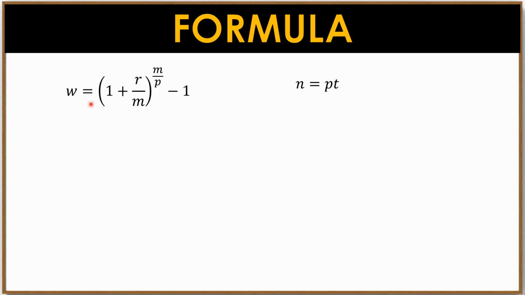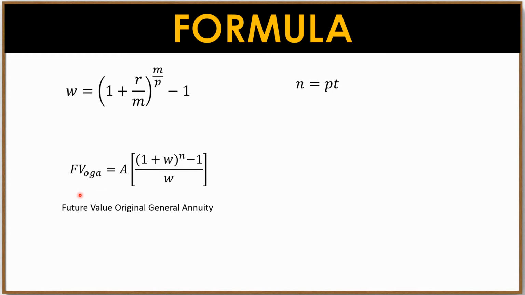Next, let us have the formula. We have W equals 1 plus R over M raised to M over P, minus 1. And we have N is equal to P times T. Now let us have this FVOGA, or future value of ordinary general annuity.